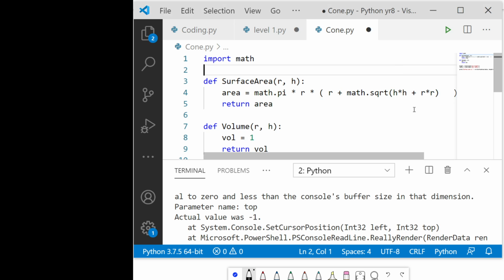Do I need to put that bit in brackets? Yeah? Okay, I have a question. Instead of doing h times h, why don't you do h asterisk asterisk and then 2? Well, yeah, in Python there are facilities to do power of, alright? But what I'm trying to do is genericize it a little bit. So I'm trying to think ahead for if we wanted to do this in another language as well.